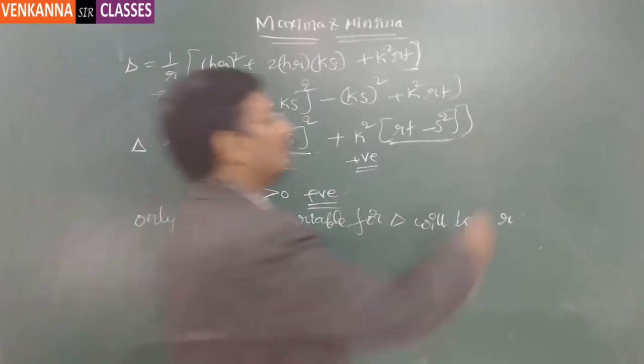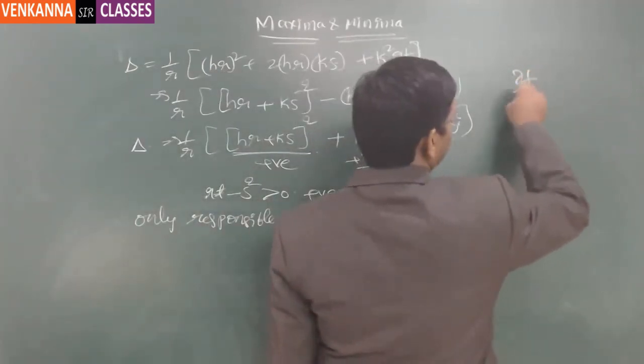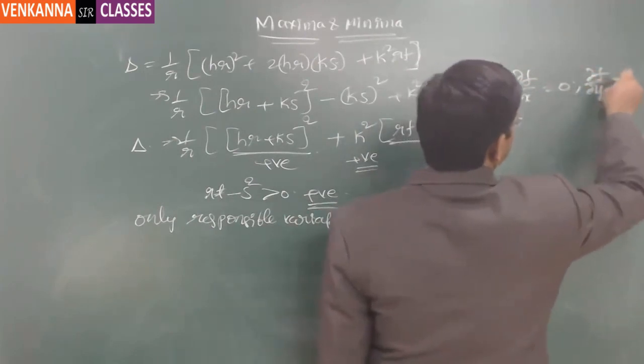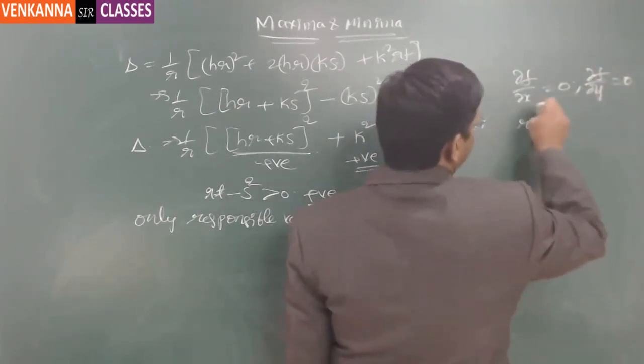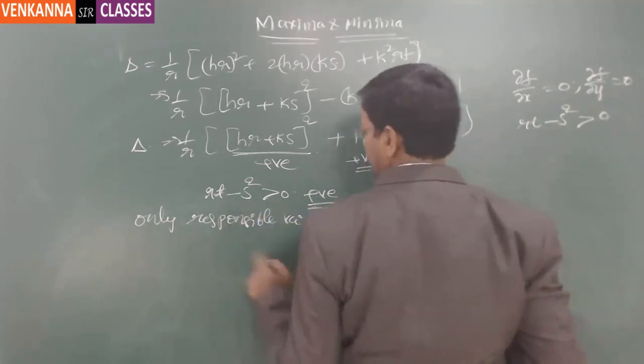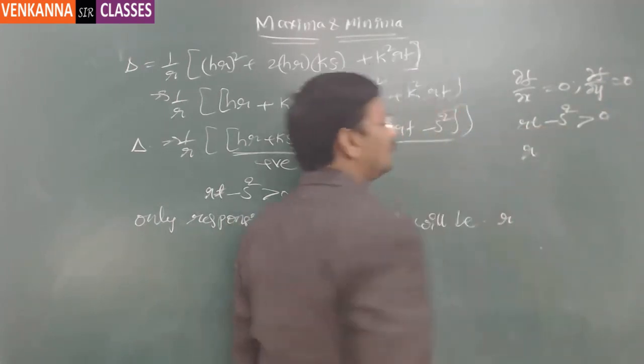So my conditions are, one is dou f by dou x equal to 0, dou f by dou y is equal to 0, and RT minus S square should be greater than 0. And another condition is R value will decide.